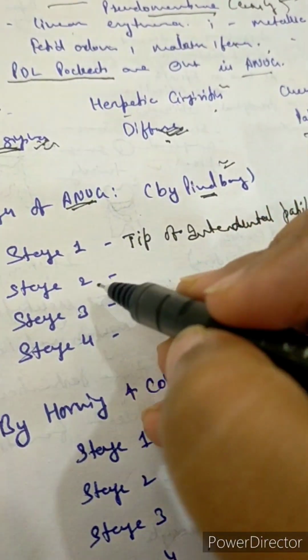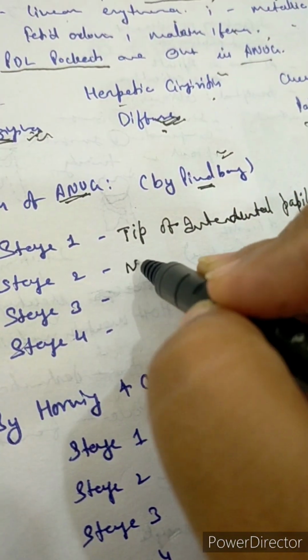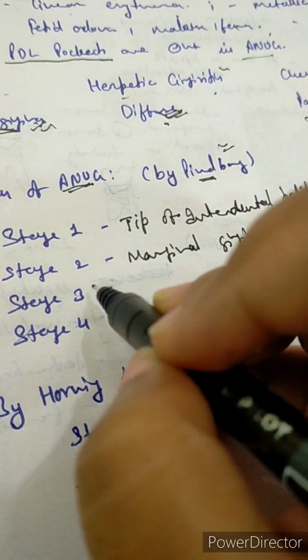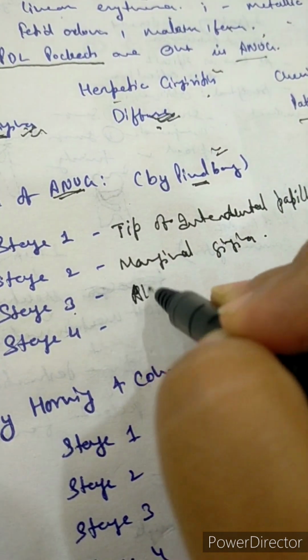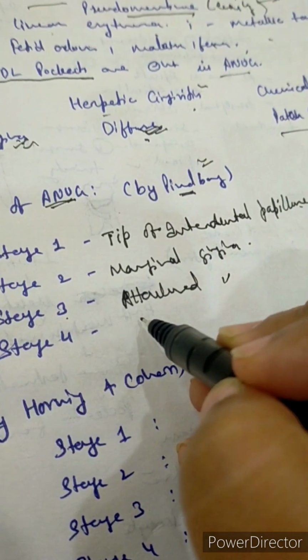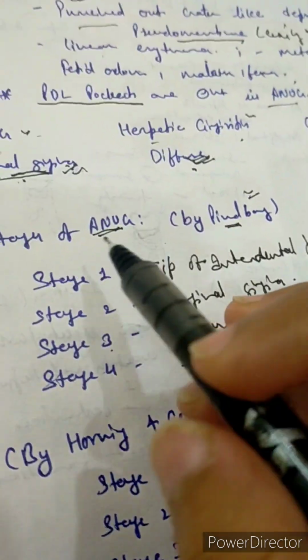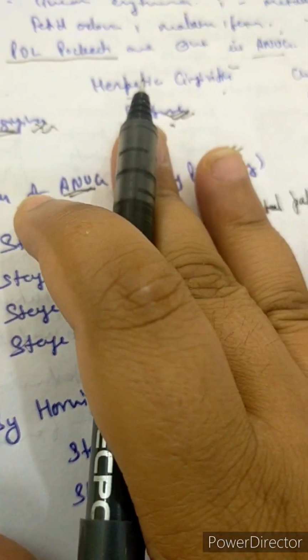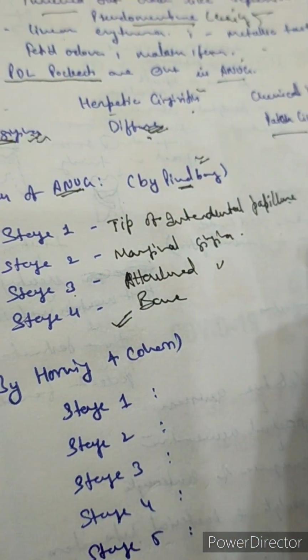For stage 2, you are going to see it over the marginal gingiva. For stage 3, very simple, the attached gingiva. And for stage 4, the infection reaches the bone. So this is the very distinct kind of thing that he has given.